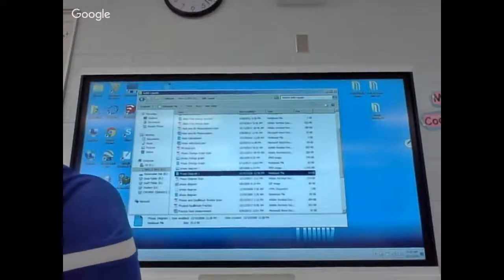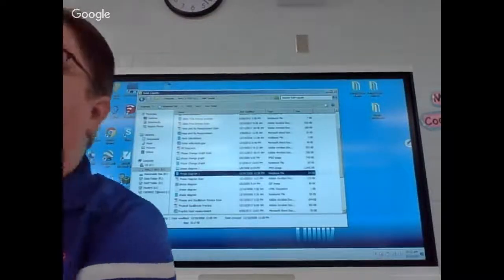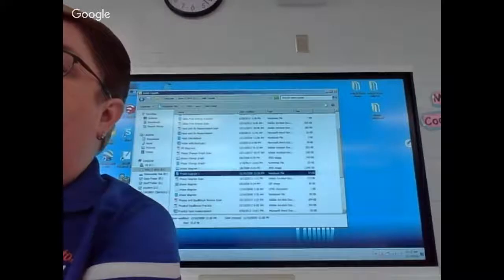I'm looking at 9. 8 is D. 9 is B. 10 is D as in dog. On the back, 11 is C. 12 is C. 13 is A. Anything bothered you about the multiple choice?